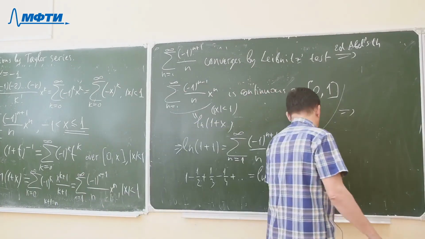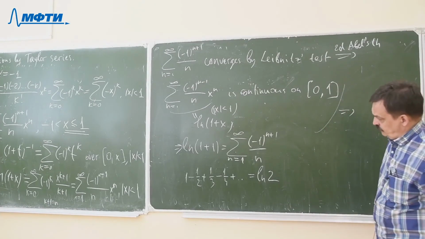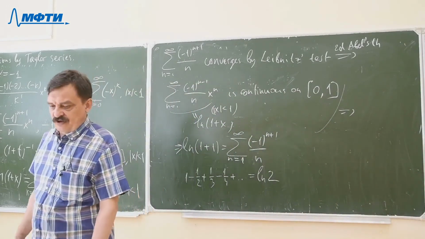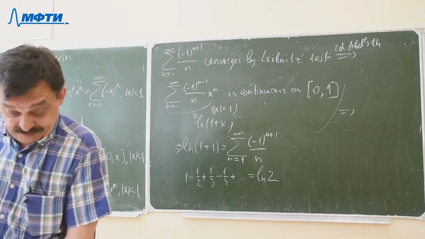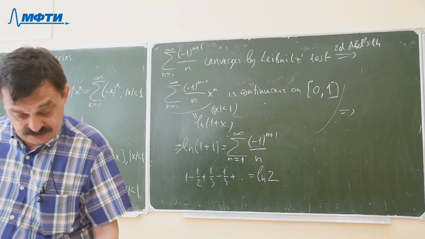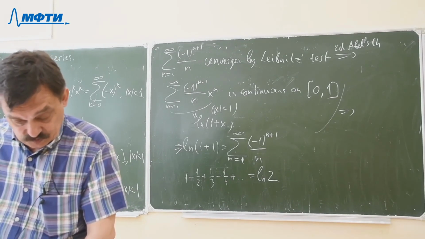So by Riemann's theorem, we can rearrange terms of our series in arbitrary order to obtain an arbitrary value of the series as a result.